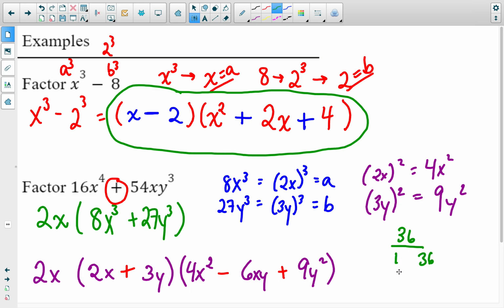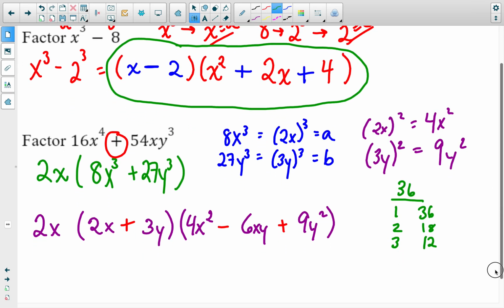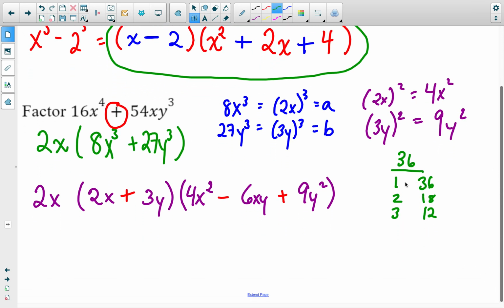Okay, 1, 36, 2, 18, 3, 12, 4, 9, 6 and 6. But as we're looking through these factor pairs, I don't know about you guys, but I'm not seeing anything that would add or subtract to give us 6.